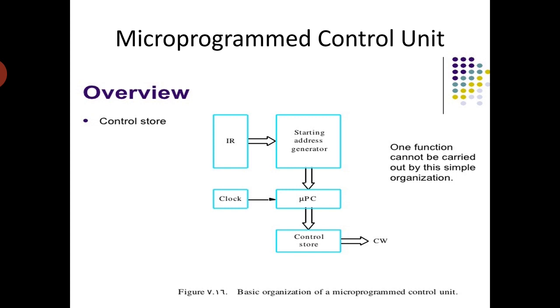A code word is a word whose individual bits represent the various control signals of the processor. So this is about hardwired control and the microprogrammed control unit.